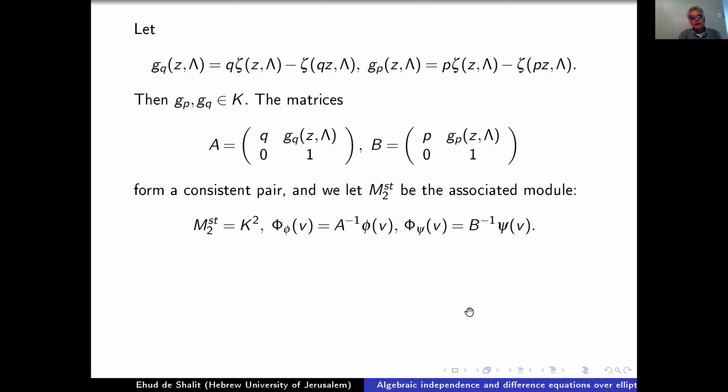So you look at the matrices A and B, which are (q, G_q; 0, 1) and (p, G_p; 0, 1), rank 2 matrices, and you discover that they form a consistent pair.